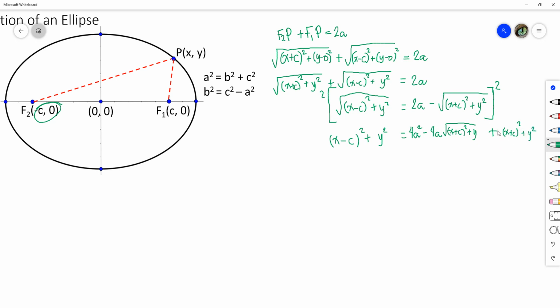Take note that here we are going to square this polynomial.